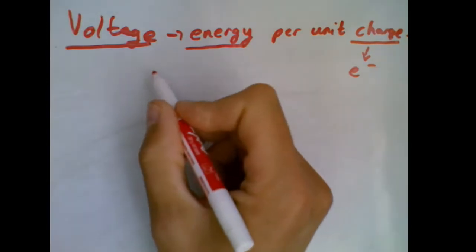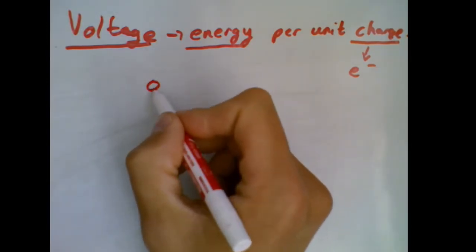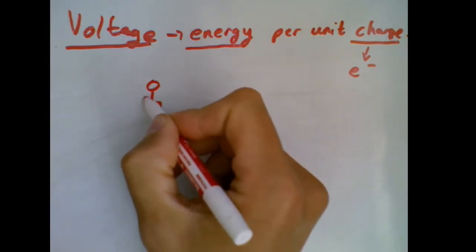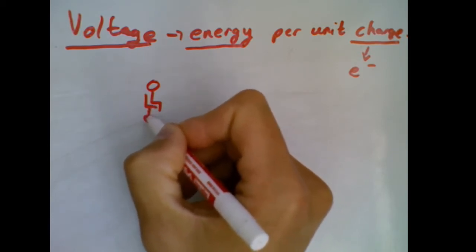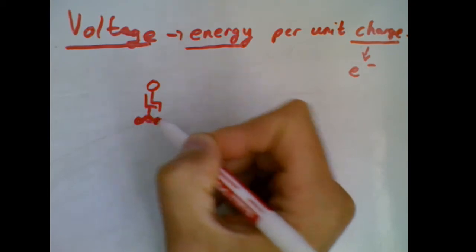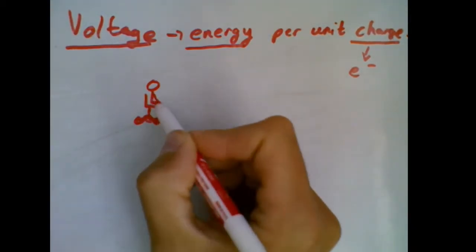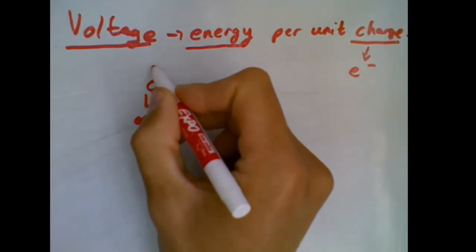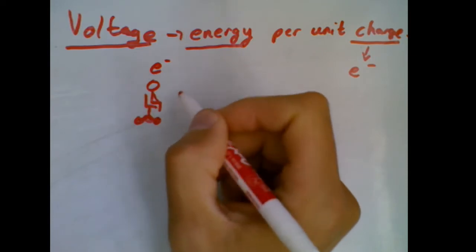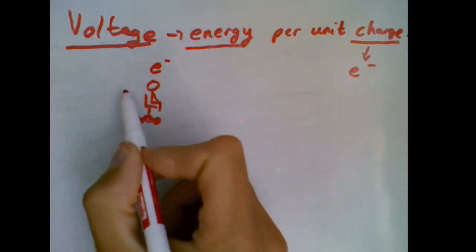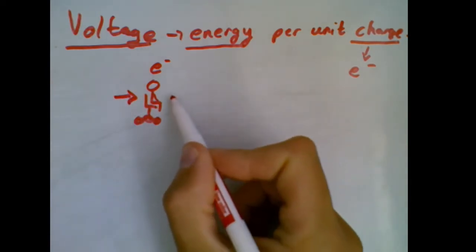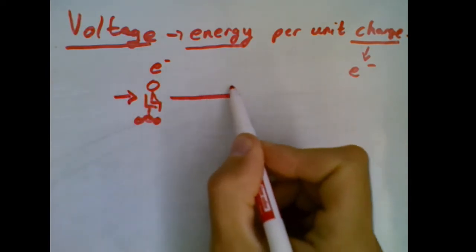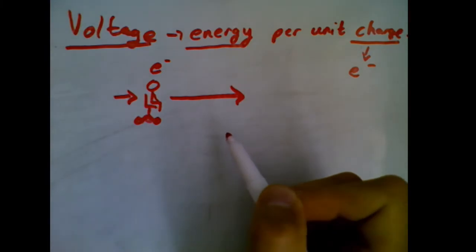Here's the way I like to think of voltage. Imagine sitting in a wheelie chair. So here's my little wheelie chair. There we go, that's my wheelie chair. And this person is kind of like the electron. What we need is something to actually give a push to this electron in order to get it to start to flow in our circuit.